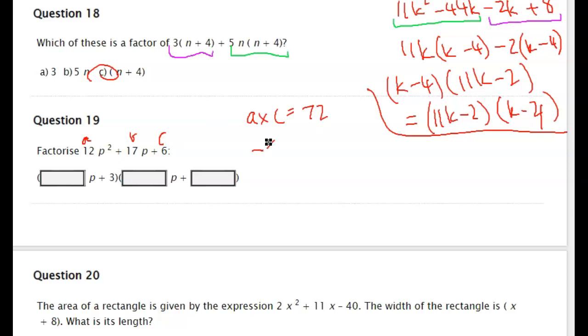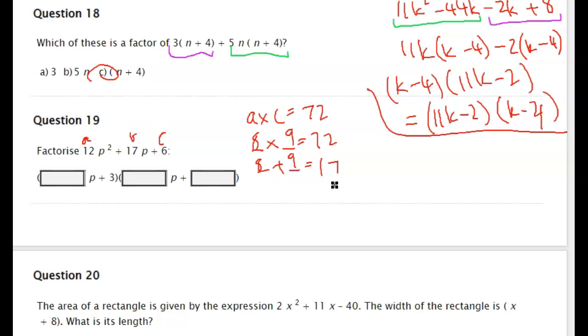And then we need two numbers that when multiplied give you 72, and when added give you the coefficient of P, which is 17. The good thing is it's jumped right out at me, and it's 8 and 9. So 8 times 9 is 72.